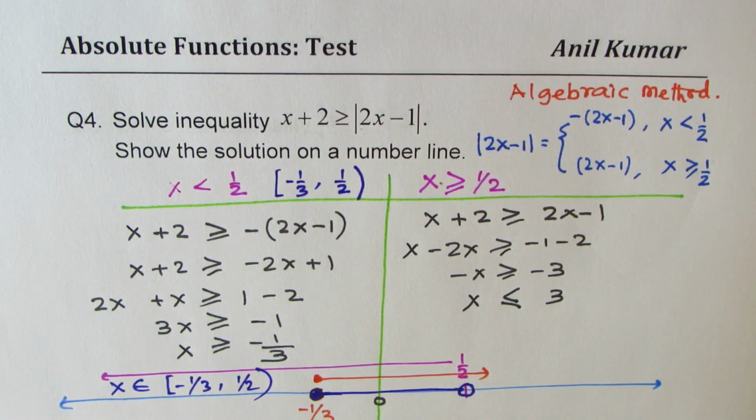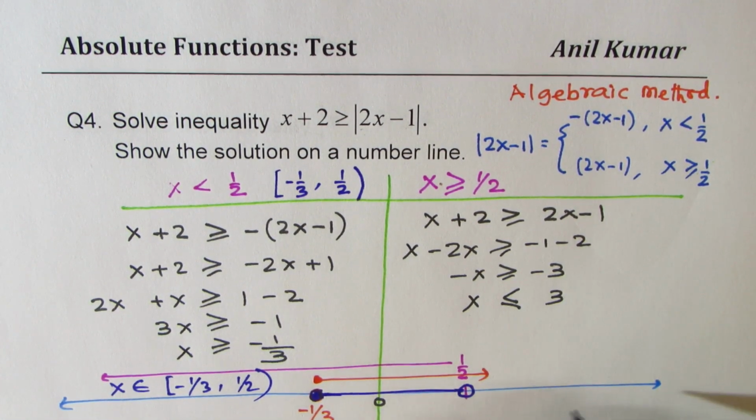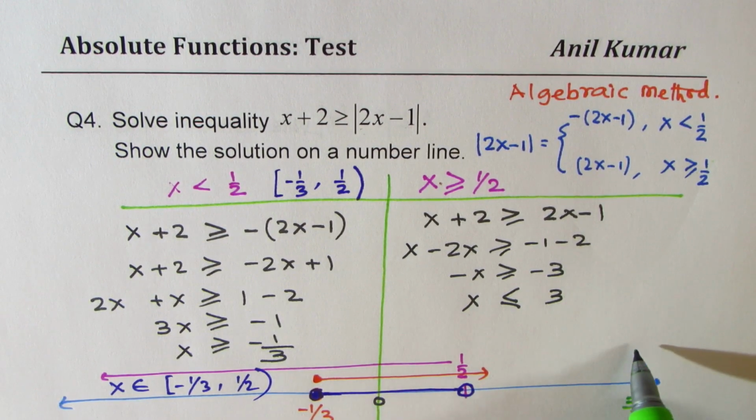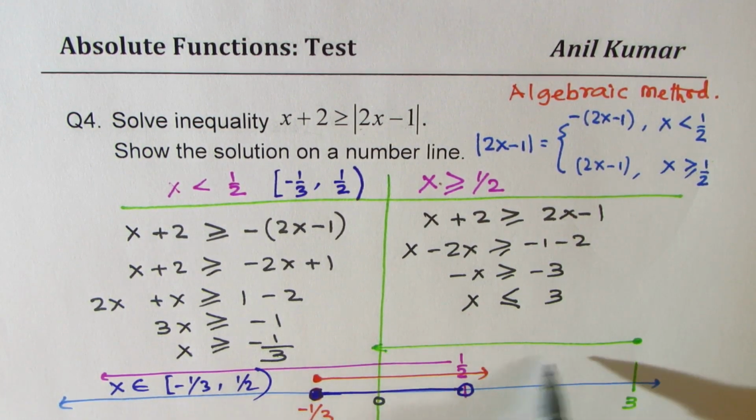So that really means that we are looking for a solution which is on the left side of the given line, right? Which is at 3. So let's say this is 3 for us. So the solution is everything including 3 towards the left. Now what is common?